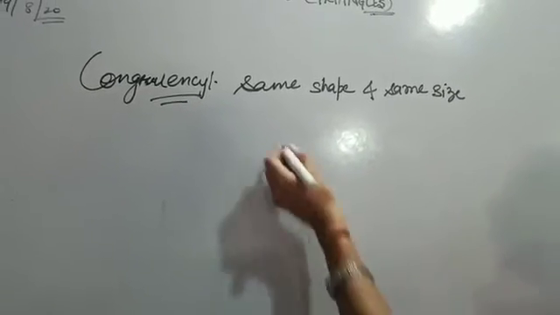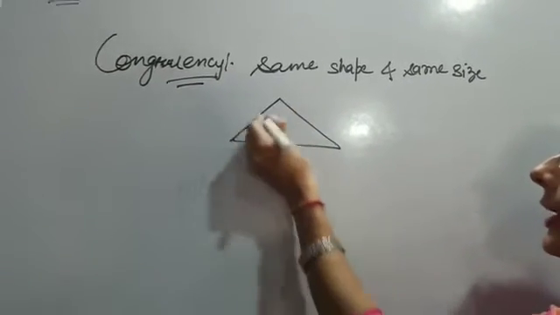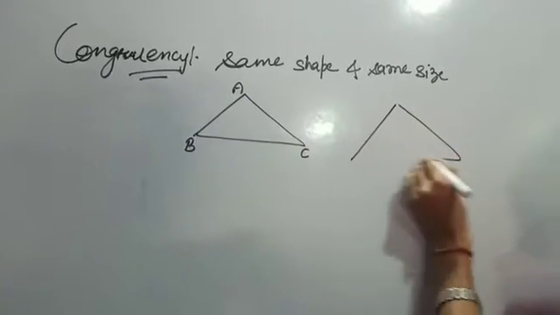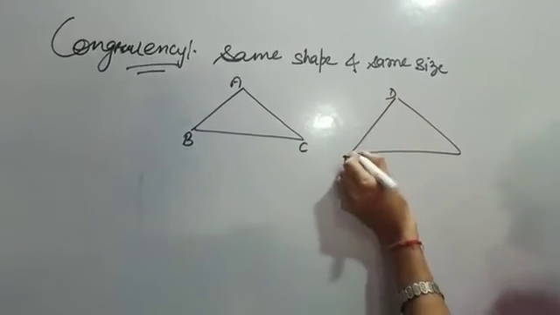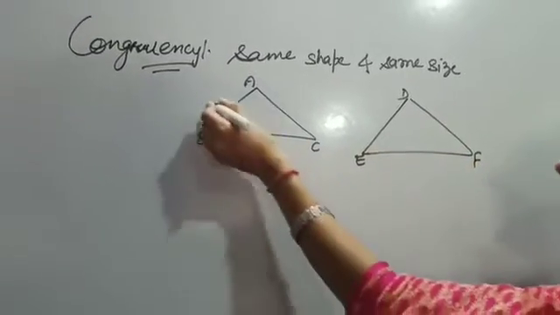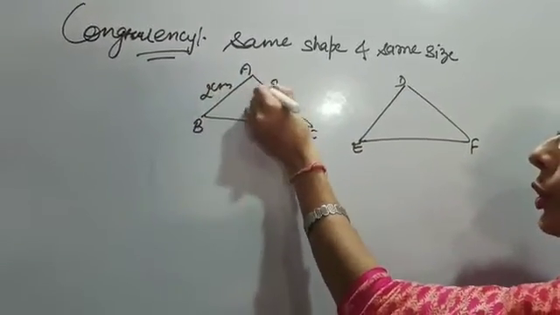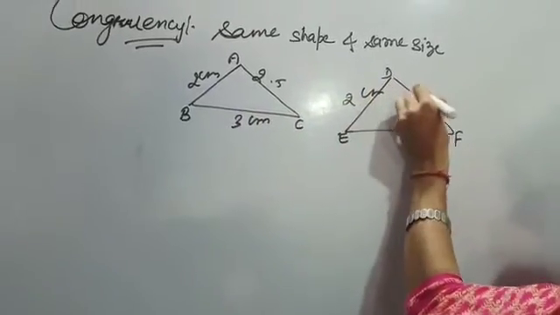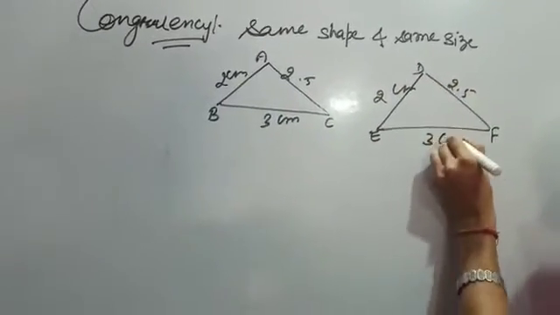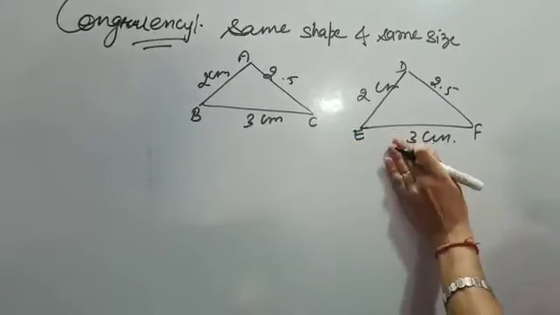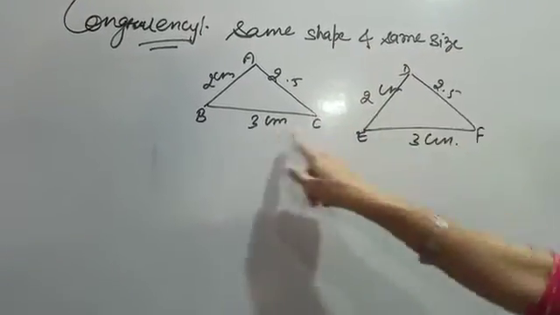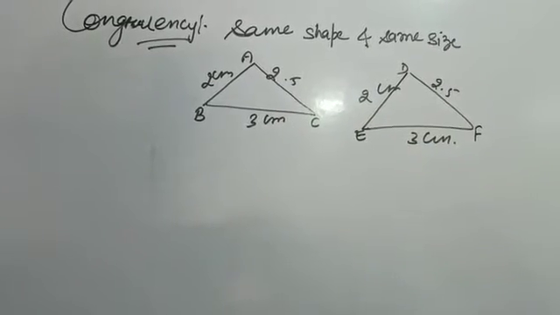For example, in triangles, I have drawn a triangle ABC and another triangle DEF. I am taking the measurements here, 2.5 and 3 centimeter, similarly on the other side also. These two figures are of the same shape and same size, so we call them congruent.